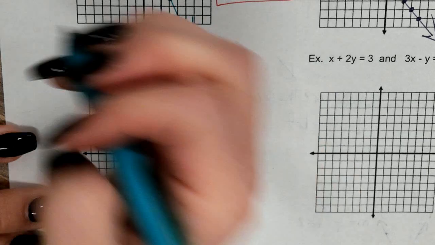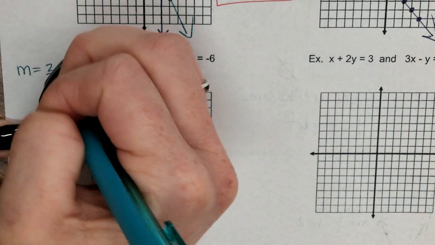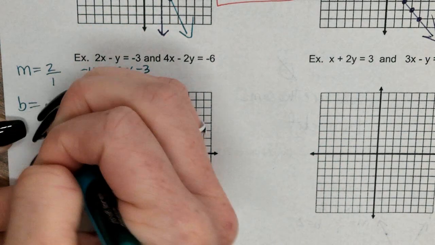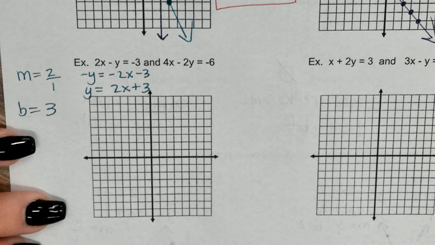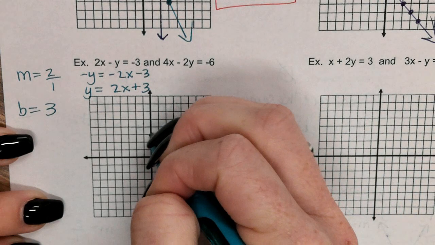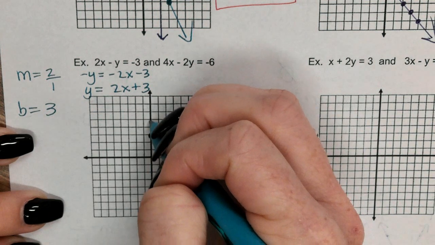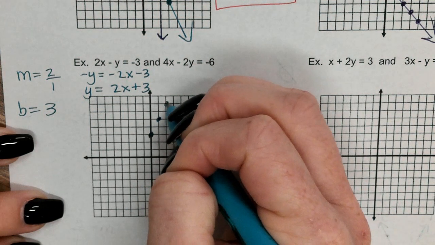So I have a slope of 2 over 1 and a y-intercept of 3. So I'm going to go to the y-axis to 3. I'm going to go up 2, right 1. What else could I do?